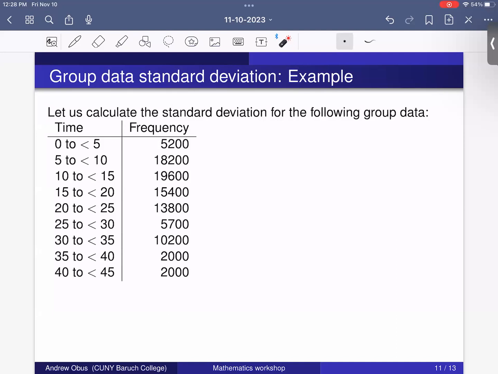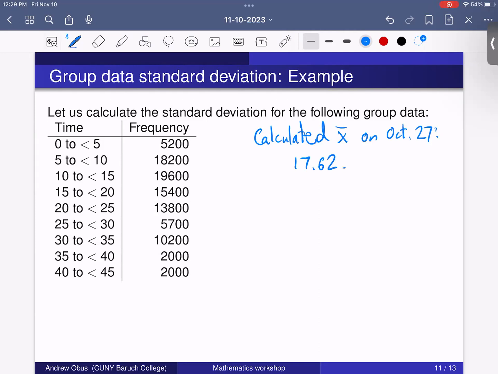Yes, okay, so we calculated the mean of this group data, and it was 17.62. So I'm just going to write this down. We calculated this X bar of this group data on October 27th, if you want to go look back at the notes, and it was equal to 17.62.